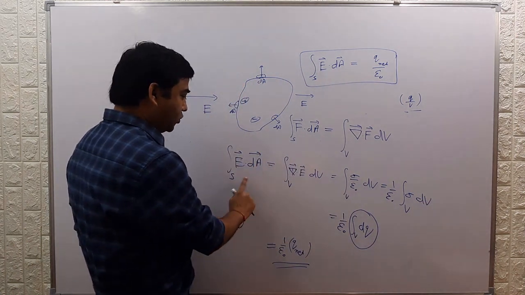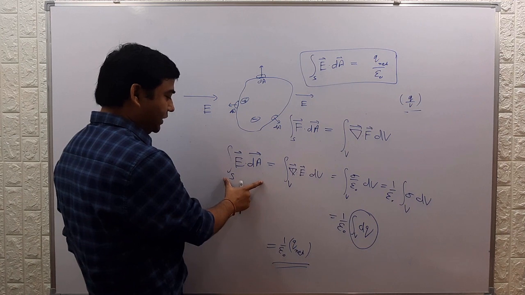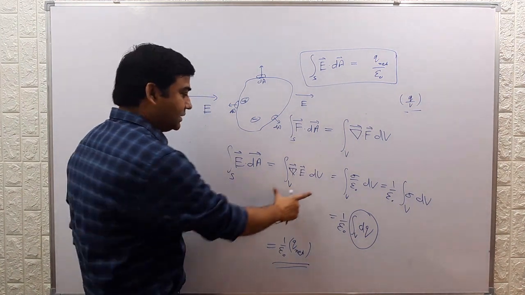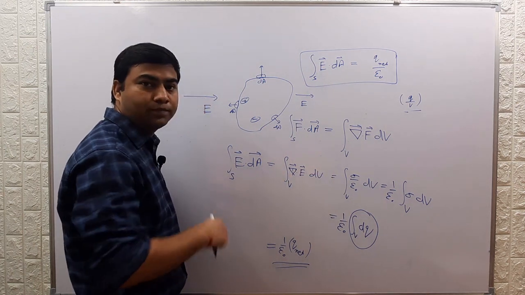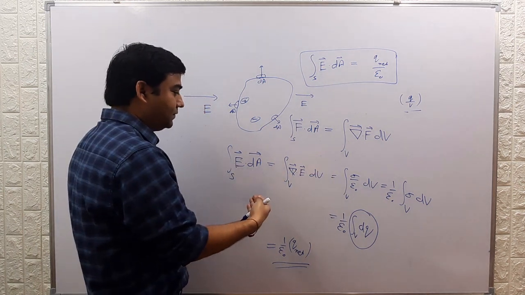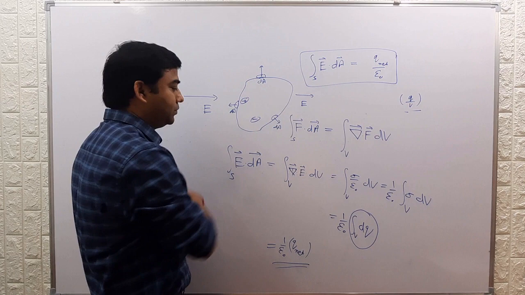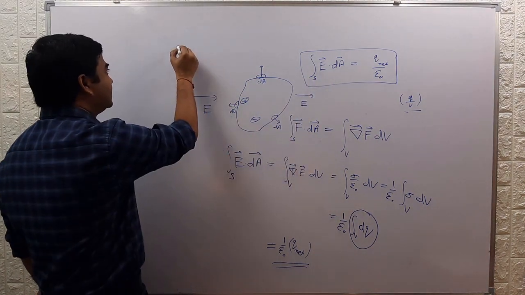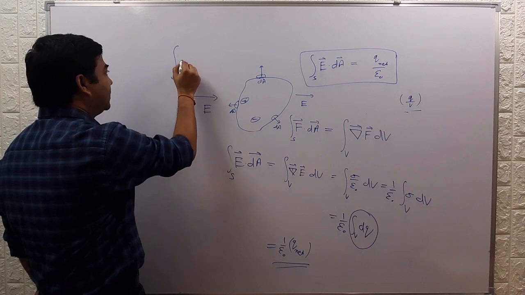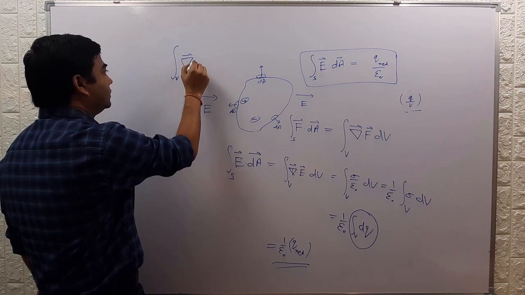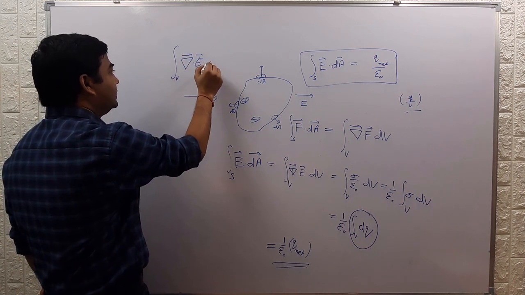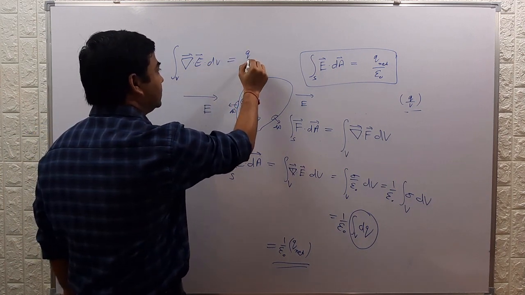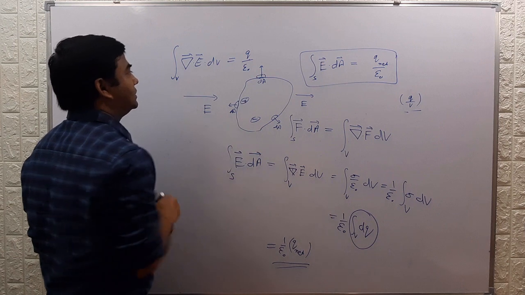Similarly, from the Gauss divergence theorem, we know that the total flux is equal to the total divergence of the electric field throughout the volume. So we can also write Gauss's law in another form, the volume integral of the divergence of E dV is equal to Q by epsilon 0.